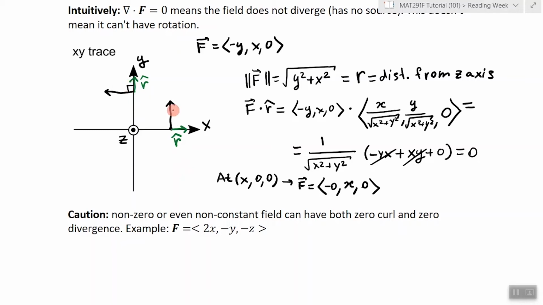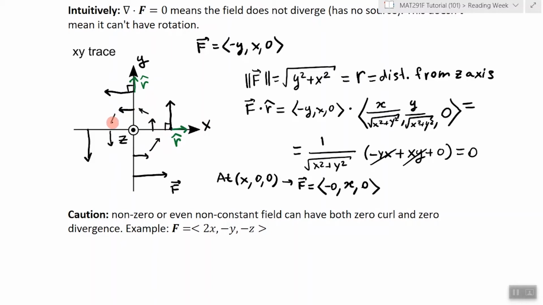And then you can check that we sketched it correctly by plugging in all those different points into the expression for the vector field. And the magnitude of the vector field is as large as the distance from the z-axis. So something like this. And then here it's like this, like this.